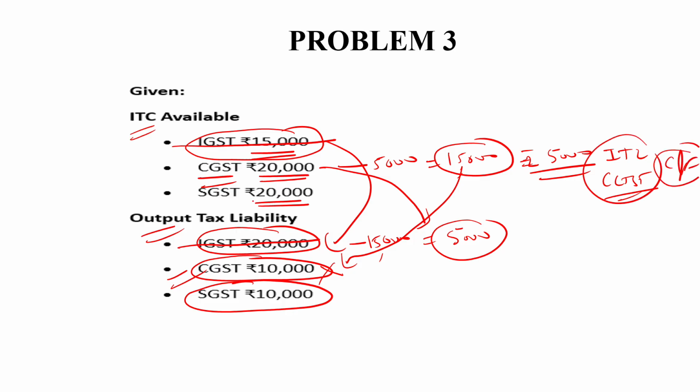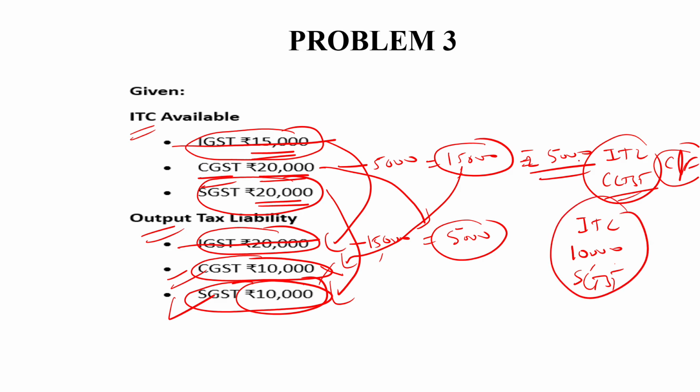Now next we have SGST of 20,000, but we just need to pay 10,000. So this can be set off, and after setting off we have input tax credit of 10,000 of SGST.